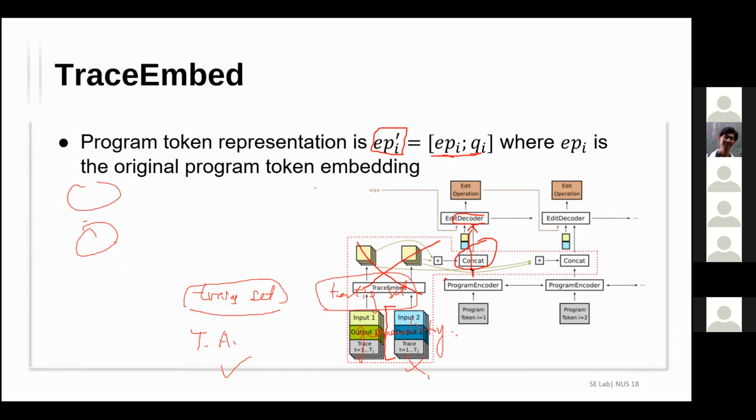But here you can see this QI is derived from EPI, right? Oh yes, correct. So when they are running it without the trace embedding, they do not have QI. So they're using something else to replace QI. Correct. So it's just EPI. Yes. Okay.